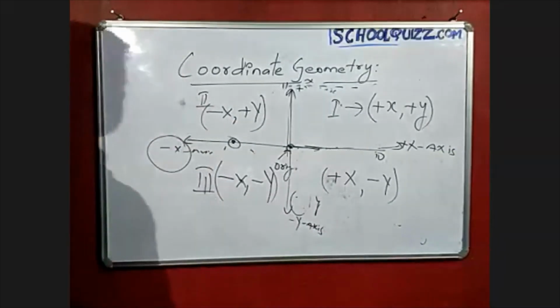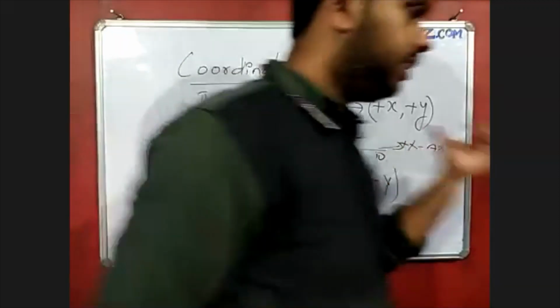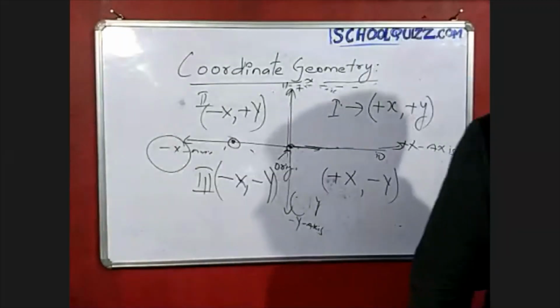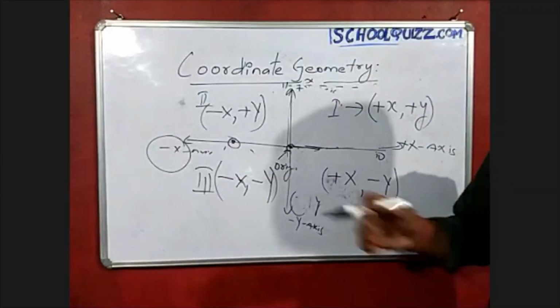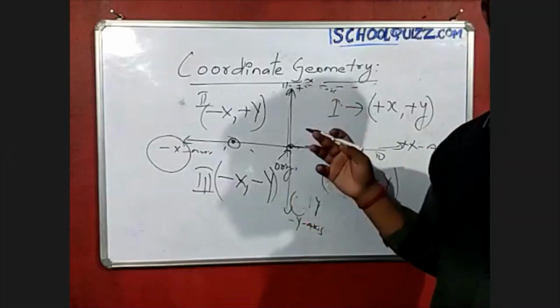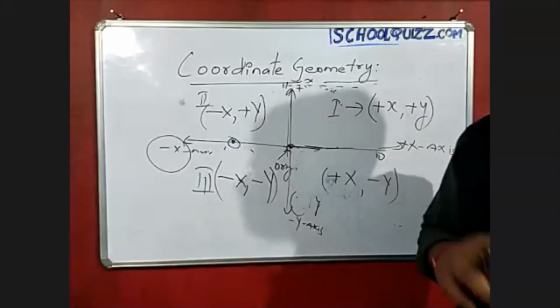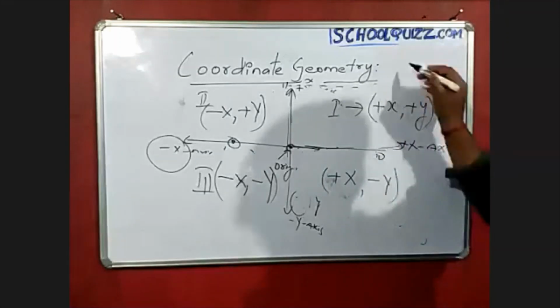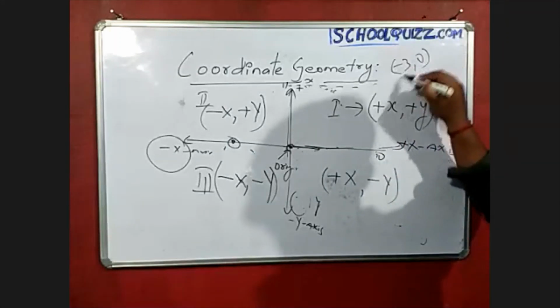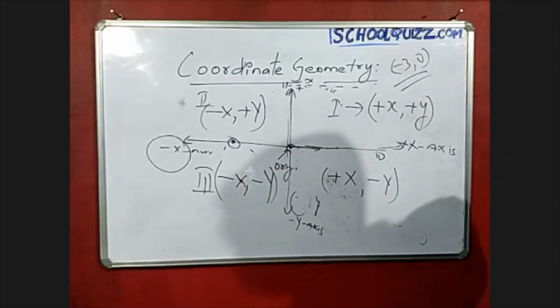They will give you these terms in the ninth class, and there are many questions based on the coordinate system, meaning how to plot those points on the coordinate axes. Suppose they ask you the position of (-3, 0).